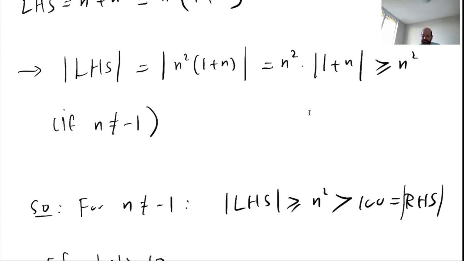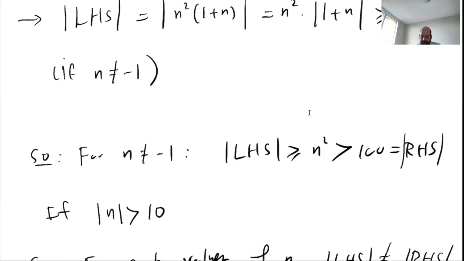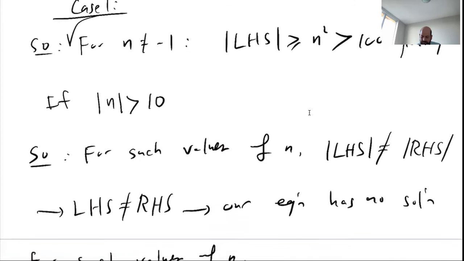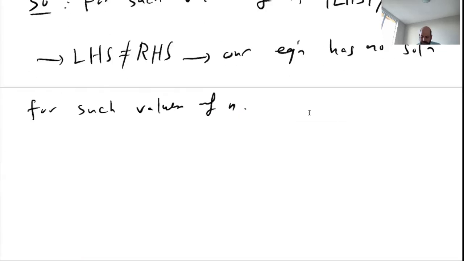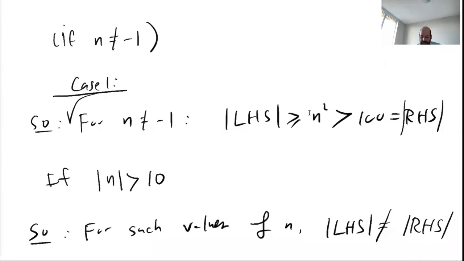So this was basically our first case. Case 1, I can say. Case 2, if the absolute value of n is less than or equal to 10. See, case 1 is if the absolute value of n is bigger than 10 and n is not equal to minus 1.